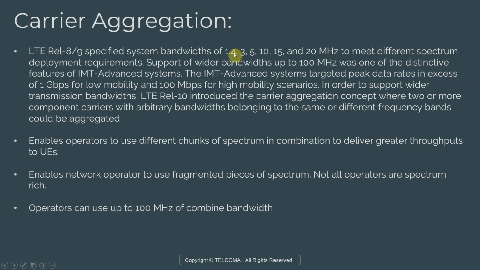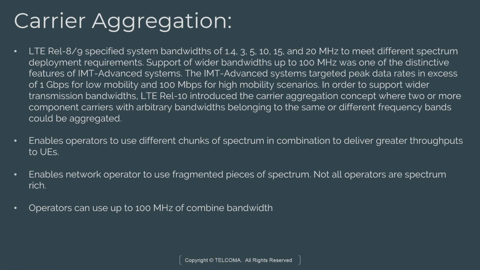And the way it does that is it specifies that you can deploy an LTE carrier in bandwidths of 1.4, 3, 5, 10, 15, and 20 megahertz, depending on how much spectrum you own, right? And again, you can either have a frequency division duplex or you can have a time division duplex. Carrier aggregation is supported in both FDD and TDD.